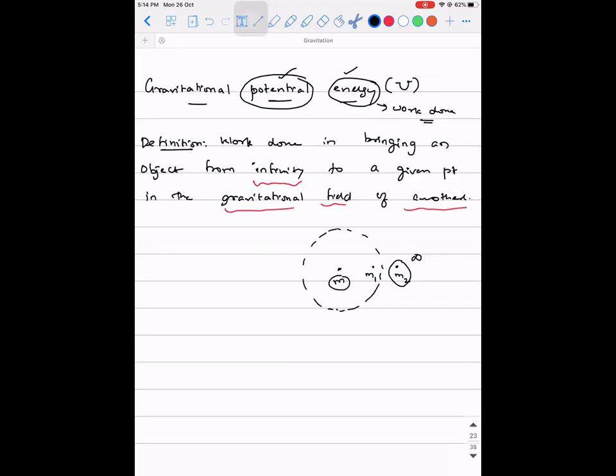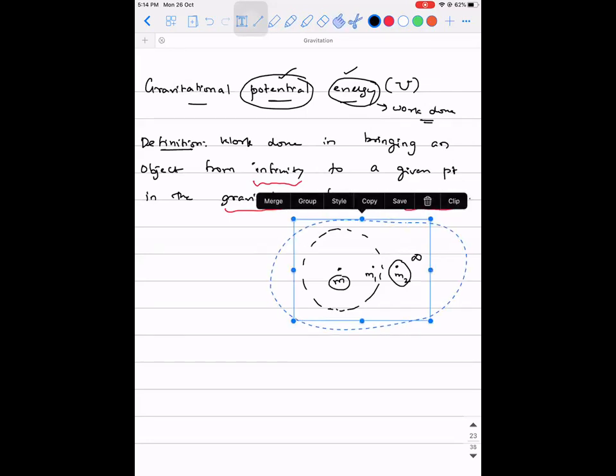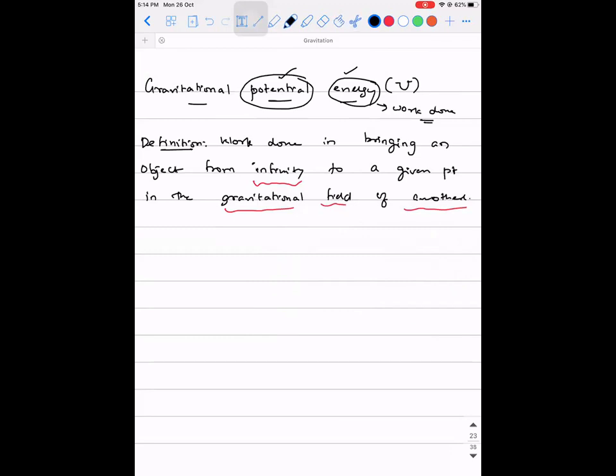Now see, I will draw all the required diagrams. Let's not take Earth as of now. Let me take two random particles. There is a particle of mass m1 which has a gravitational field around it, and another particle m2 which is outside the influence of the gravitational field.